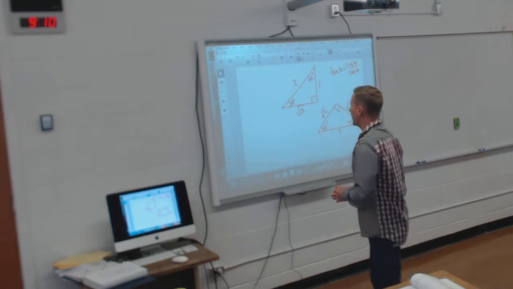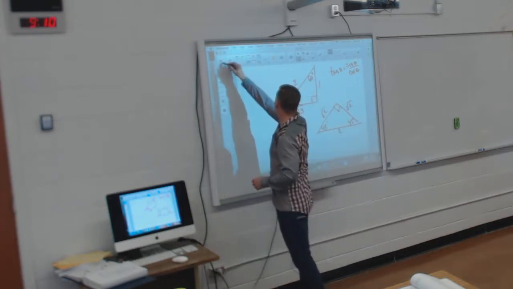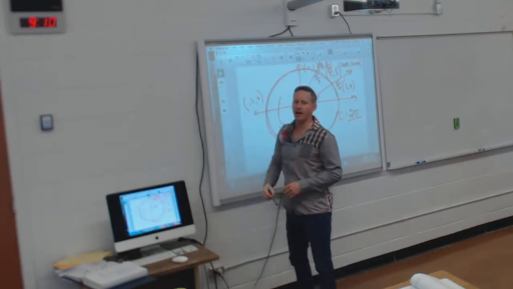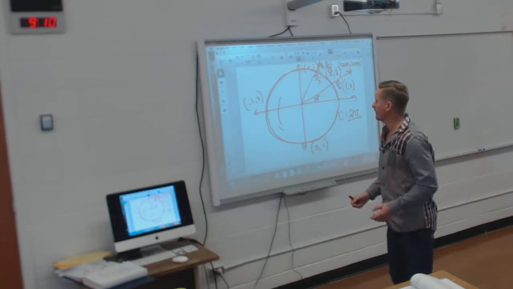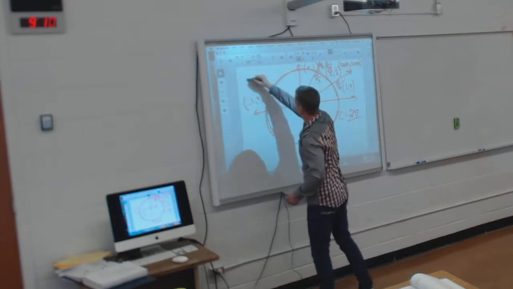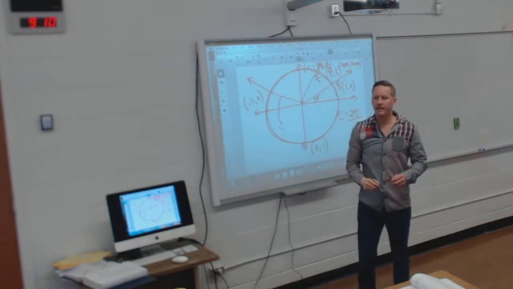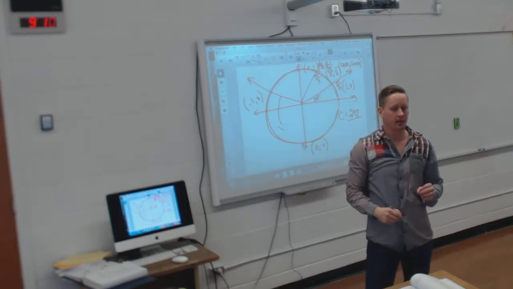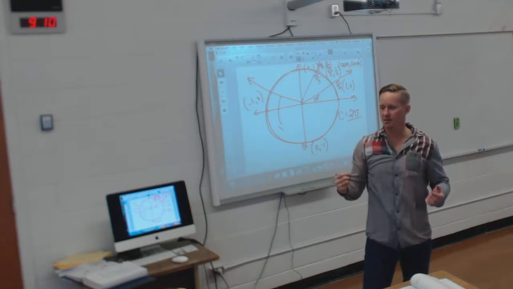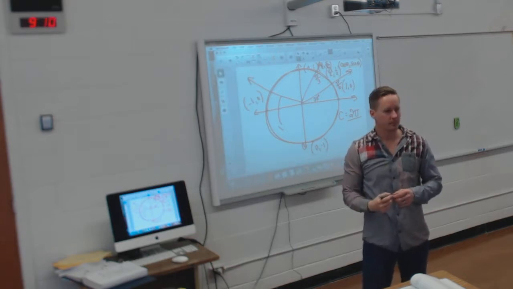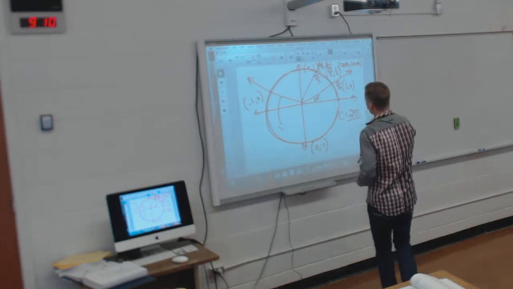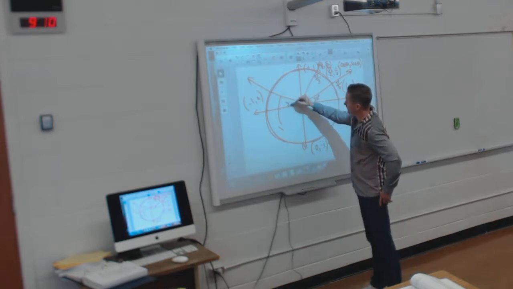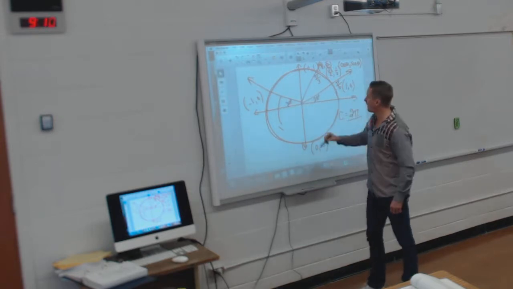Now, when I say an exact value, what is the exact value of the sine of 150, let's say? So that is over here. When I say an exact value, there is zero calculator work here. You need to remember what the sine of 150 is. And if you recall, which you probably don't, it all happens with your reference angle.